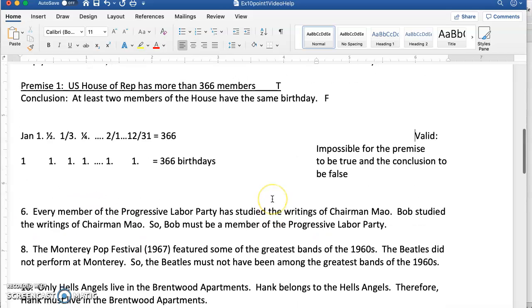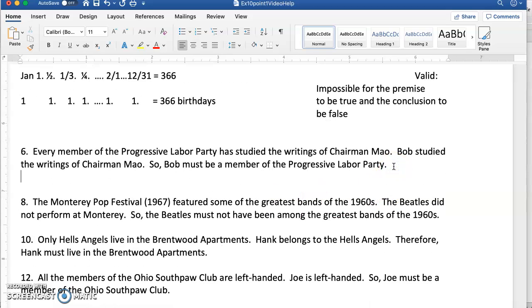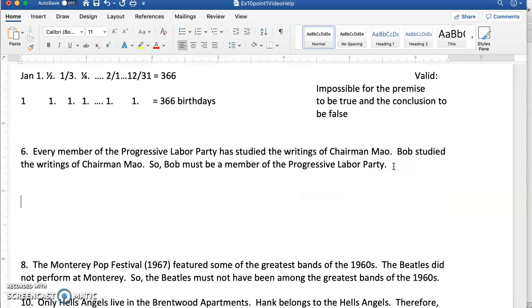All right, so let's go to number 6. Every member of the Progressive Labor Party has studied the writings of Chairman Mao. Bob studied the writings of Chairman Mao, so Bob must be a member of the Progressive Labor Party. So again, the word so is a conclusion indicator. So the last sentence is the conclusion.